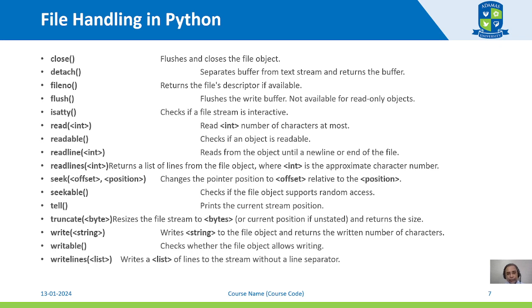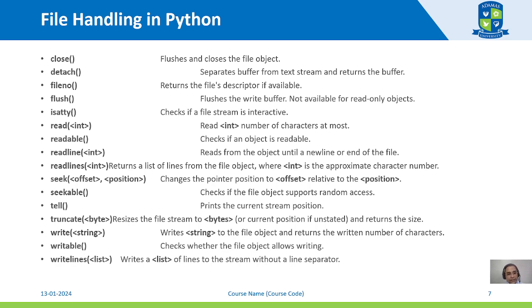Suppose we are trying to open a file and we have created one object f, the readable function can check f.readable, whether f can be read or not. readline, we have already discussed, that if we give readline within brackets 10, then the first 10 lines will be read starting from the current cursor position.